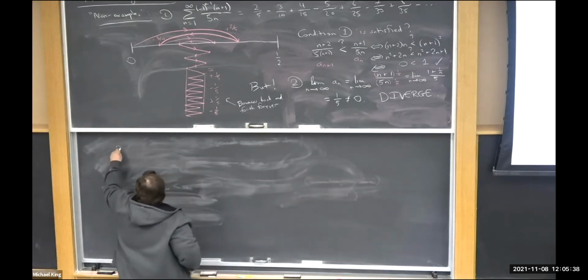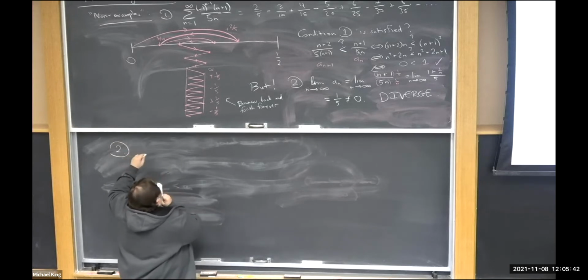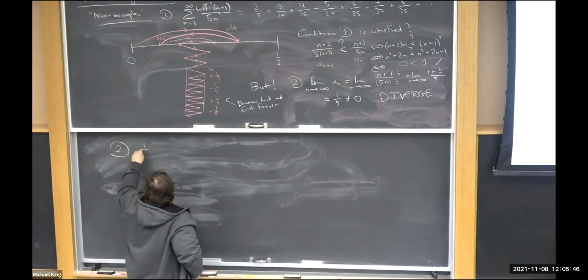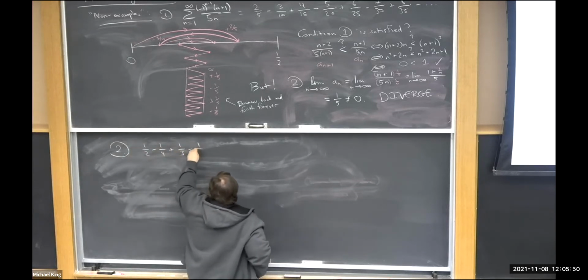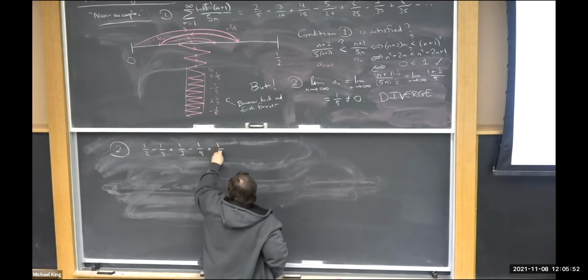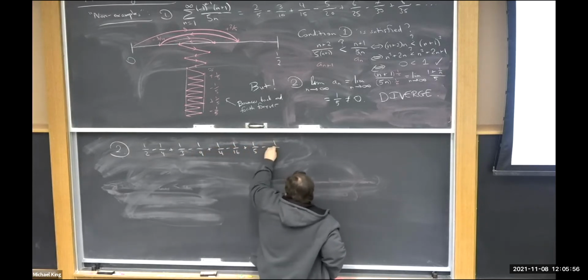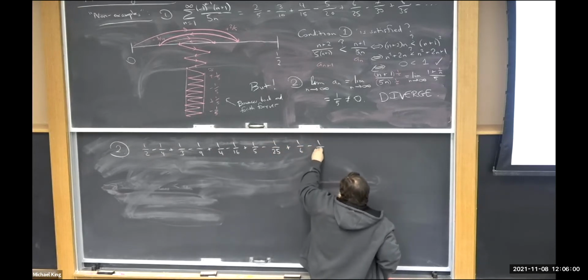So here's an example that's a little bit hard to write in a formula, but I can write it out term by term. So let's do this. Let's do 1/2 minus 1/4 plus 1/3 minus 1/9 plus 1/4 minus 1/16 plus 1/5 minus 1/25 plus 1/6 minus 1/36.